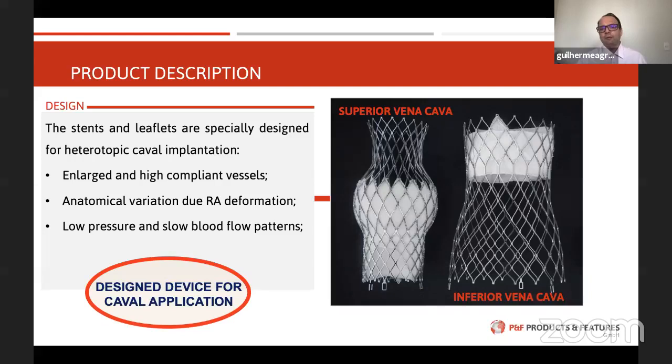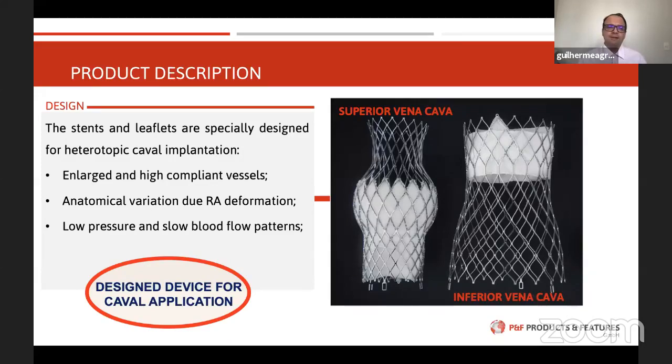Then we face a lot of challenges that we need to address in this application, because in such patients we have very enlarged vessels, large superior and inferior cavas, with severe anatomical variation, because we see this right atrium deformation and enlargement changing the anatomy of the cavas. We see in most of the cases tapered cavas or bending that is not common in the venous system.